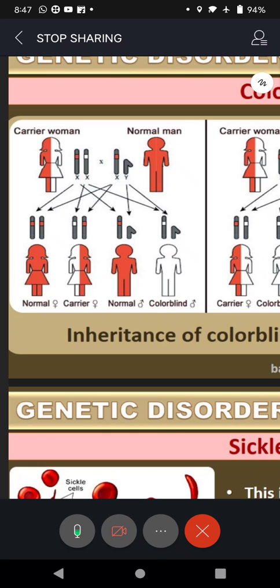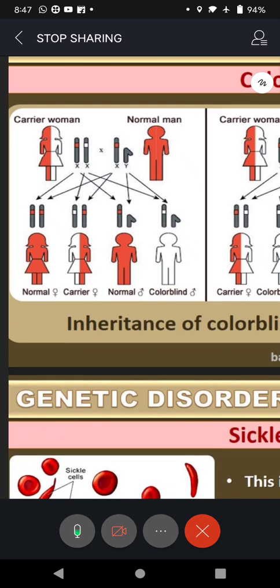So this couple, carrier woman and normal man, are likely to produce three varieties of children. Normal children, carrier children. Of course, carrier has to be a girl only. That's why I said, in these genetic disorders, boys, we are having bad luck. Girls are lucky.